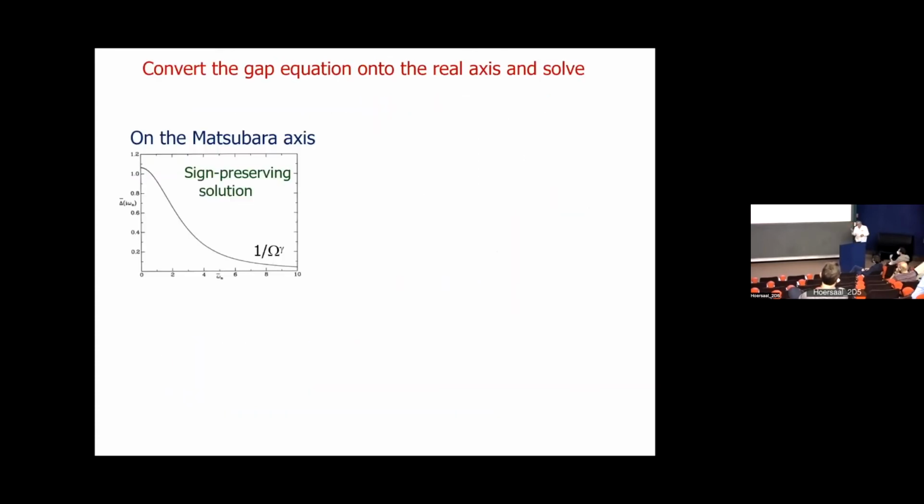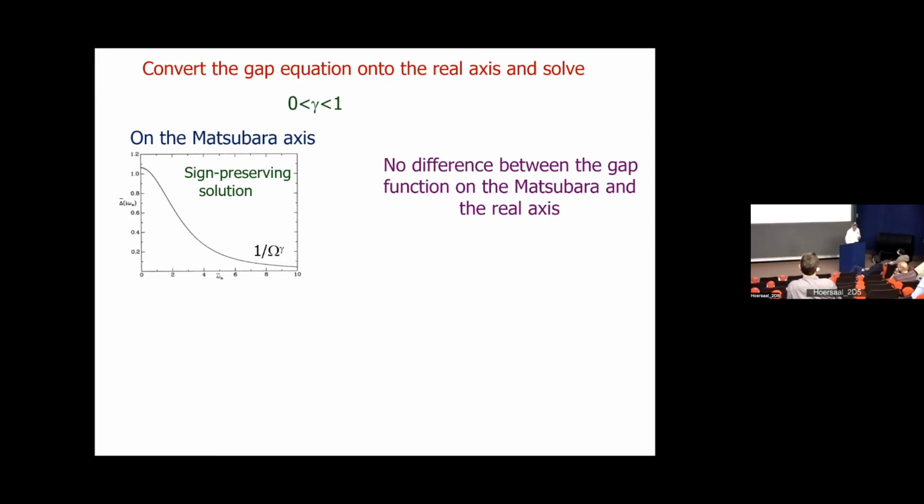Okay, let's convert the solution by using a high quality Pade approximant. High quality is 10 to the minus 5, in fact. And this gives you very high quality results on the real axis when you convert from Matsubara to the real axis. And we also solved the equations directly on the real axis, and we got the same results. So there are two approaches which give the same result.